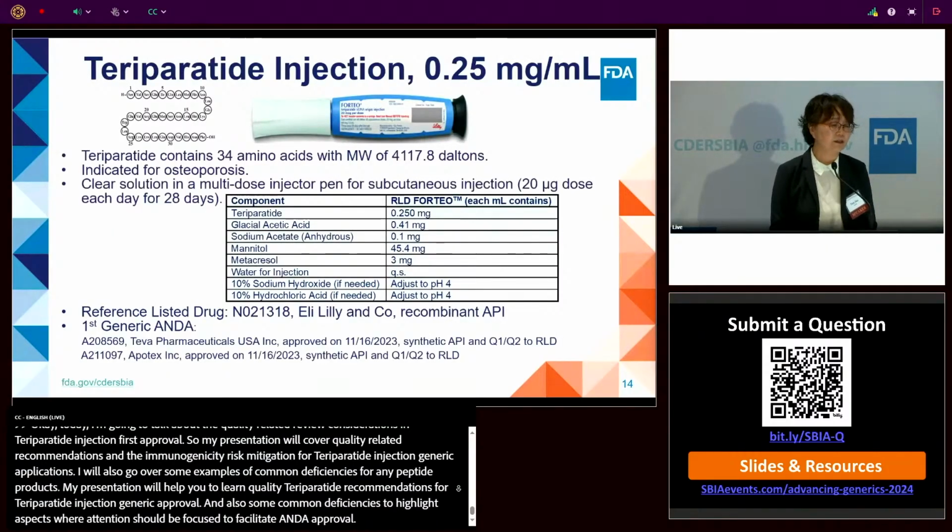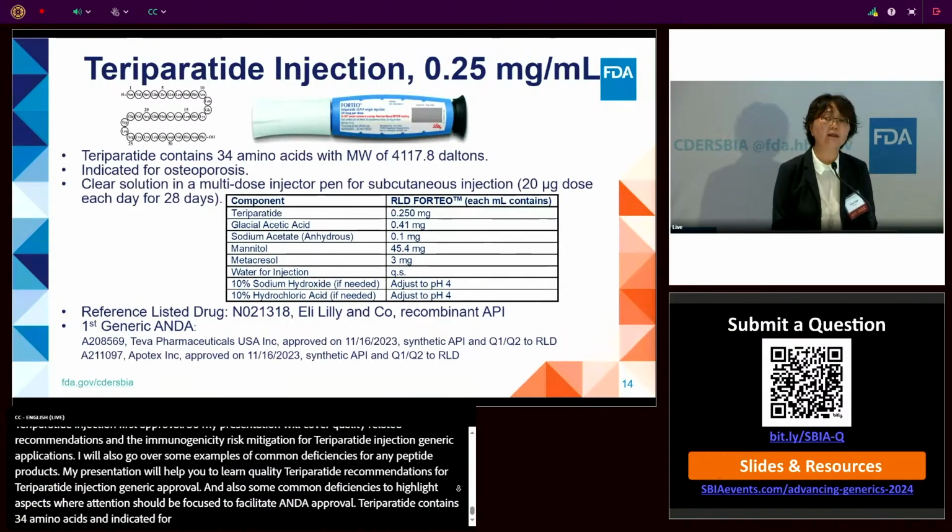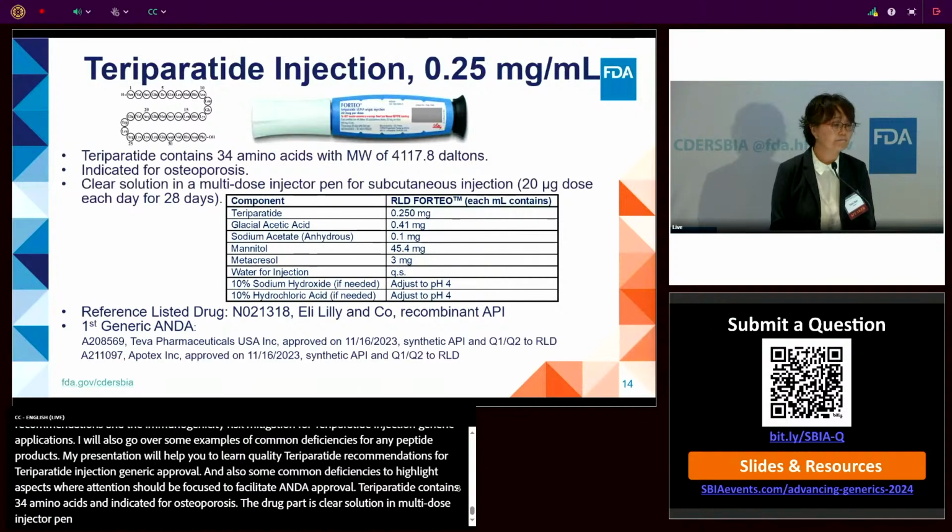Teriparatide contains 34 amino acids, is indicated for osteoporosis. The drug product is a clear solution in a multi-dose injector pen for sub-Q injection. The reference product is from Eli Lilly with recombinant API.